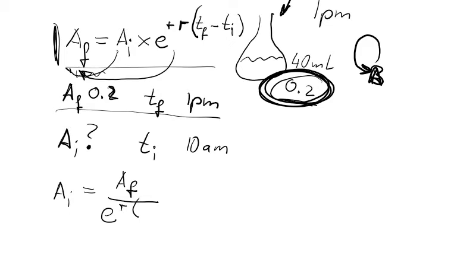Now we have 1 p.m. minus 10 a.m. How many minutes is that? How many hours? 3 hours. So it's 180 minutes. Why do we need it in minutes? Why can't we just use it in hours?